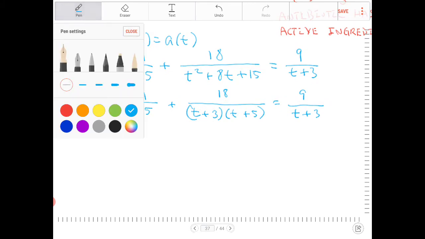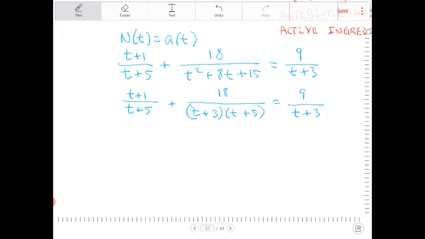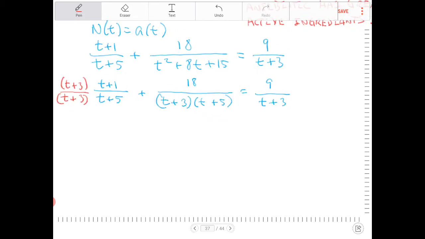So I'm going to use another color. If you notice, the fraction on the left, the denominator there is missing a t plus 3. So we'll multiply the first fraction by t plus 3 over t plus 3. The fraction on the right is missing a t plus 5, so I'm going to multiply by t plus 5 over t plus 5.